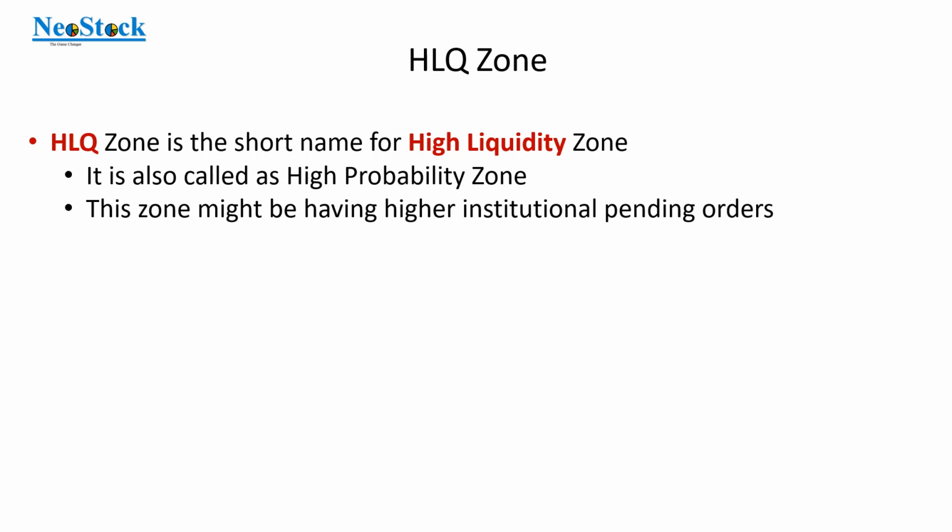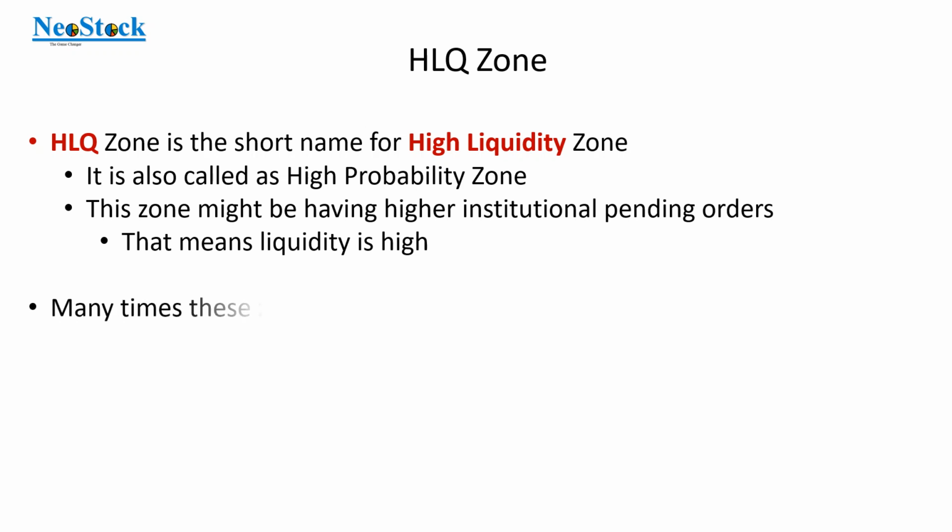So this zone might have higher institutional pending orders. That means the liquidity is high. Many times these zones support multiple tests because the liquidity is high. That could be one reason.